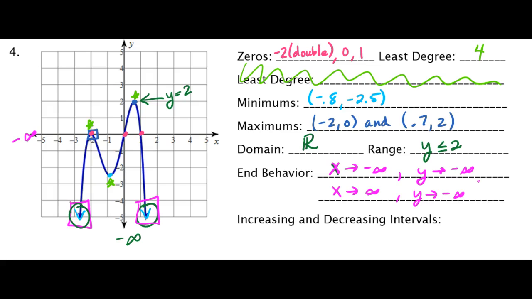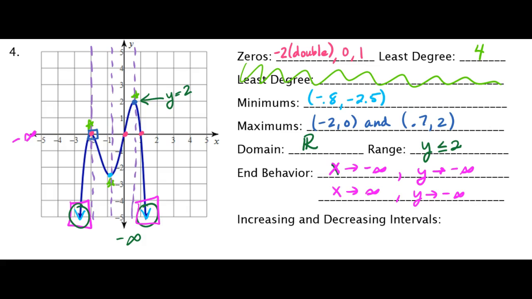All right, now we have to talk about increasing and decreasing intervals. I actually want to do two things because I think it'll be a little bit more helpful. The first thing I'm going to do is draw in my boundary lines, crossing them through all of my maximums and minimums. So I have 2 maximums and 1 minimum, so I'm going to have 3 little boundary lines. The extra thing I want to do is put in the x values of those maximums and minimums, because those are the numbers that I'm actually using in my intervals.